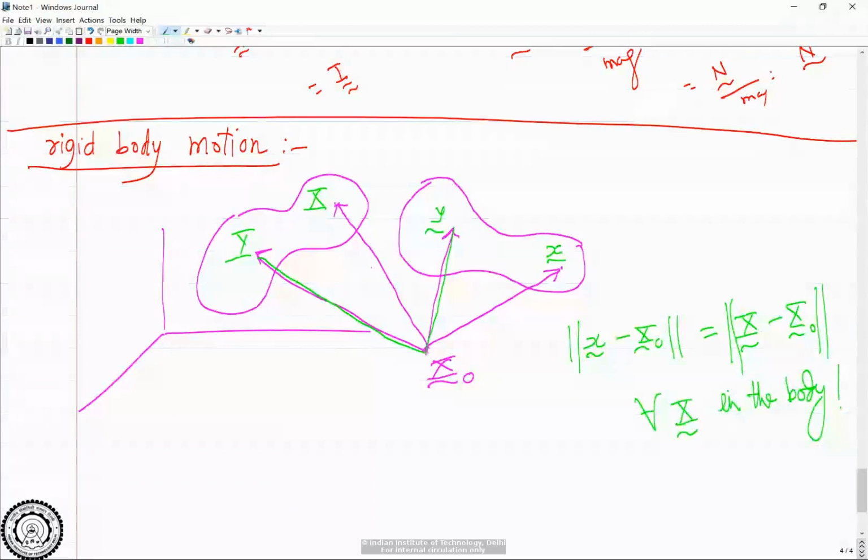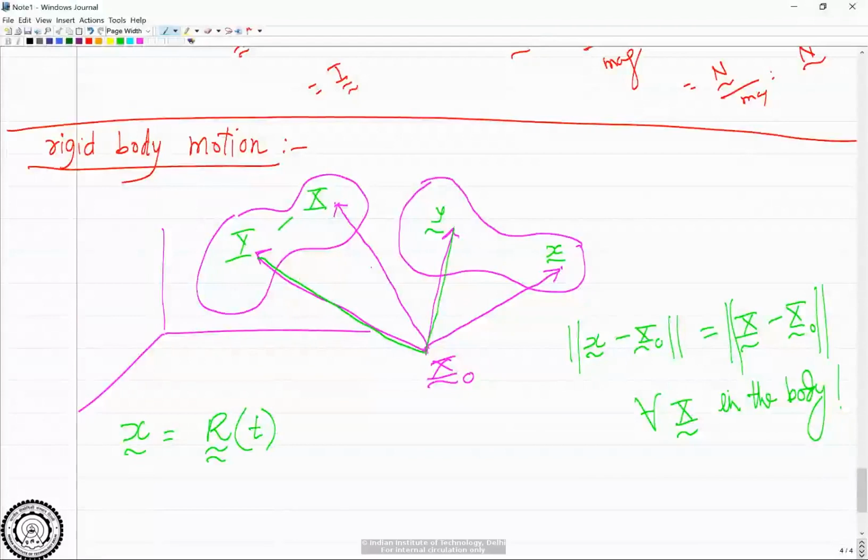So this is rotation, and rotation can be realized through what is called a rotation tensor. I think we also talked about this, no? Rotation tensor. And if it is rotating about capital X naught, then we can say that small x will be equal to that rotation tensor big R, which can be a function of time but not a function of capital X, because the rotation is same for every point in the body.